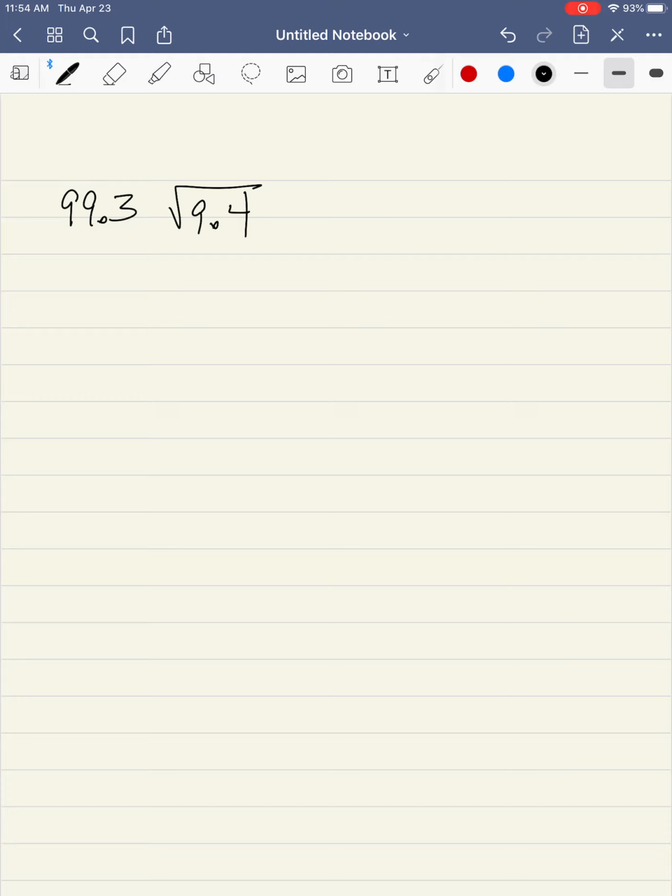So we can let the function be f of x equals the square root of x, which is x to the 1/2. And our original x will be 9. And then our dx would be 0.4, because that's how far 9.4 is away from 9.